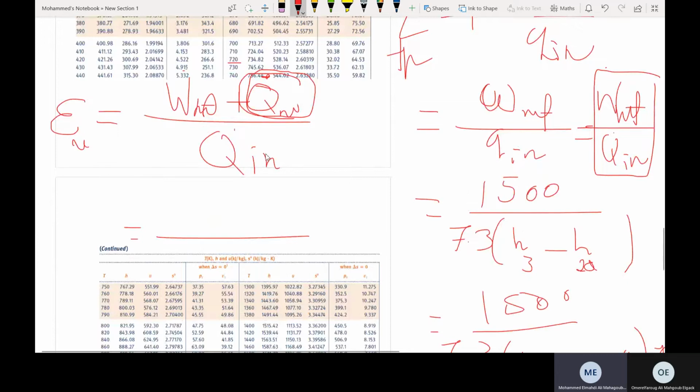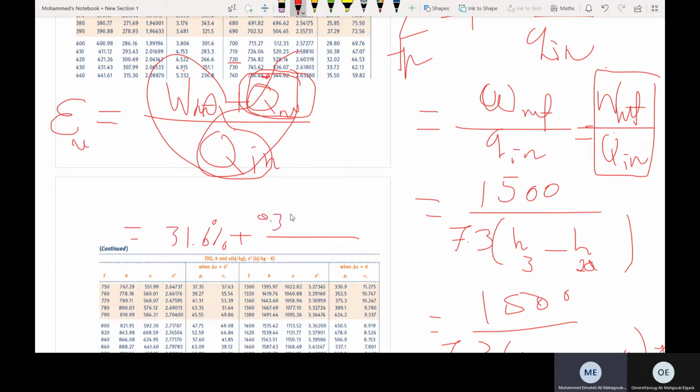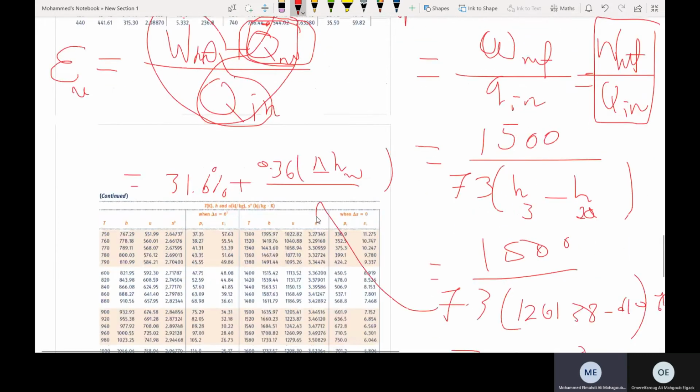Let me divide it here, make it somehow mathematical. We calculated this ratio, which was 31.6%. Let's calculate this other ratio and add it to it. So it is going to be m dot for water, which was 0.36, multiplied by the difference in enthalpy for water, over Qn, which was the same number as here.